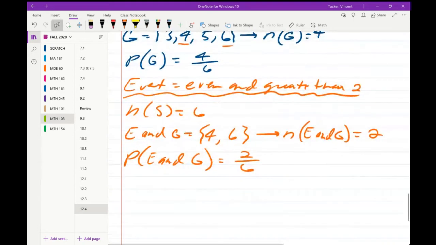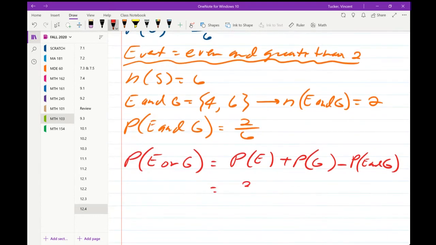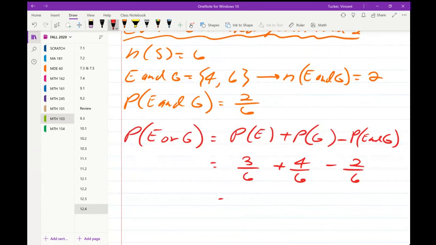And now that we have all three pieces, we can find the probability of getting an even number or a number greater than 2. Once again, we're doing the probability of E plus the probability of G minus the probability of E and G. So add up and subtract accordingly. So 3 plus 4 is 7, minus 2 is 5.